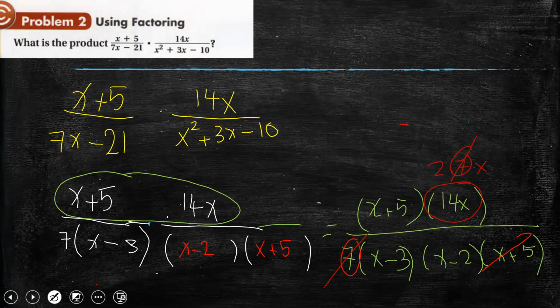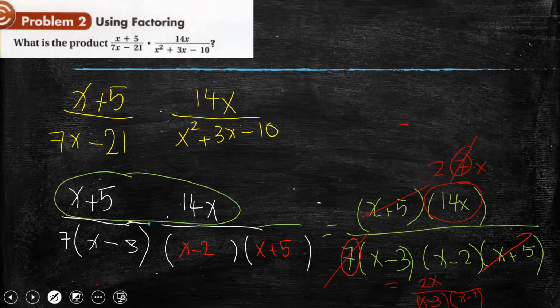Then what do you have now? 2x. So you have 2x over x minus 3 and x minus 2. Bravo. This will be the product now. Do you understand it now? Yes.